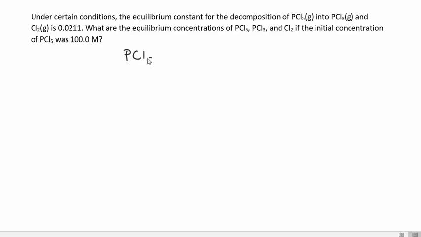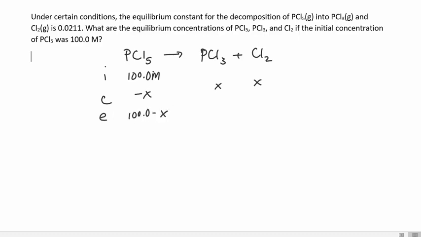So if we have the same chemical, but we have an initial concentration of 100 molar, now we set up our ice table, and it's very similar, except now we have 100 minus x for our equilibrium. The K value is still 0.0211, and our expression is still formed the same way.